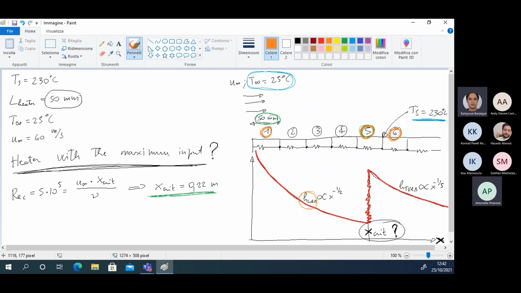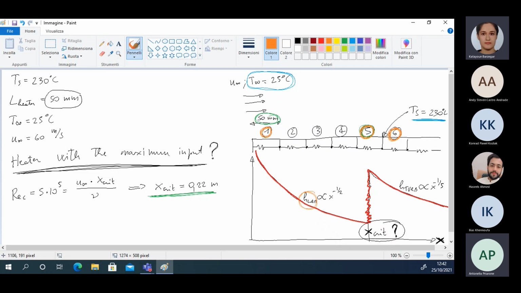So I have to compare the results for the 3 heaters here in yellow, 1, 5, and 6, and then verify which heater provides the higher heat transfer rate.